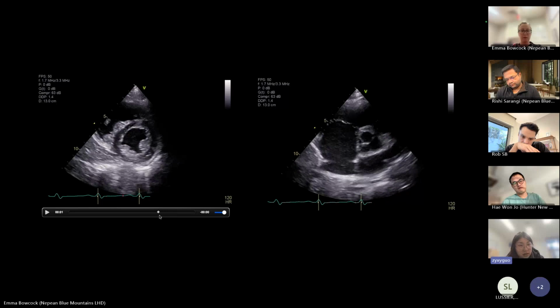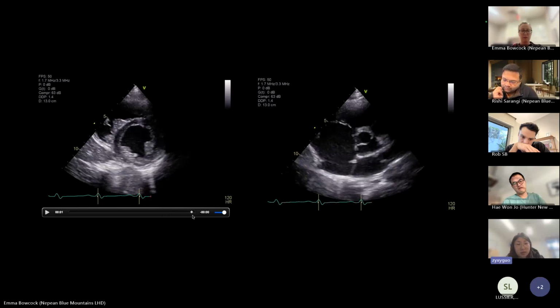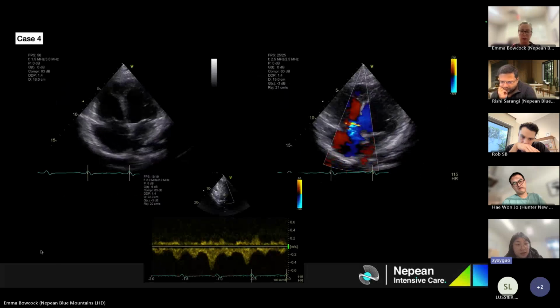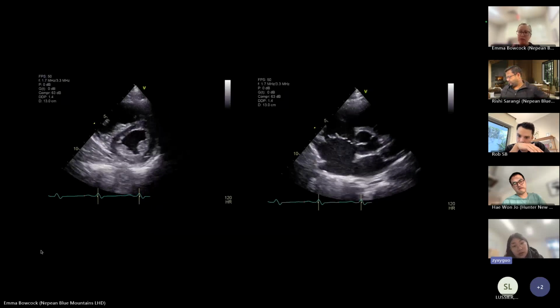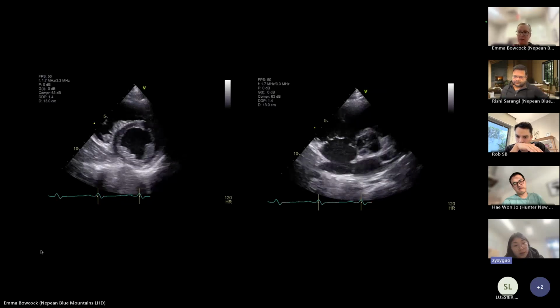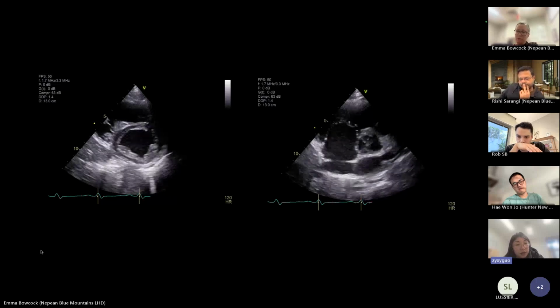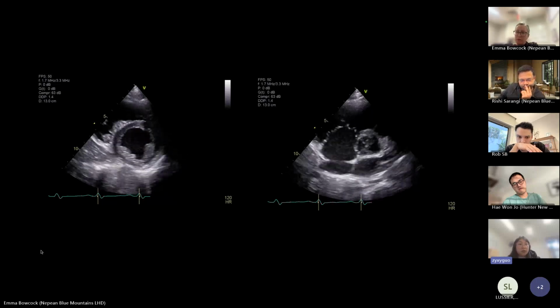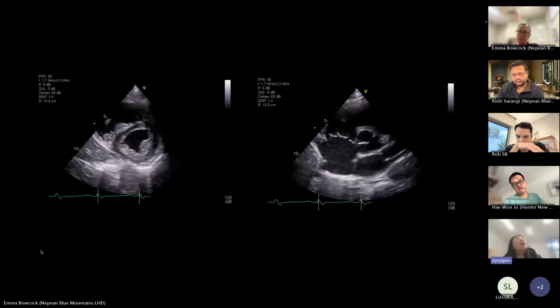I think that's nice and circular in diastole. I think there's some septal flattening happening in systole, which is in keeping with pressure loading. And there are again some B lines in the far field as well. The visual ejection fraction of the LV here is probably somewhere around 50 to 60%.